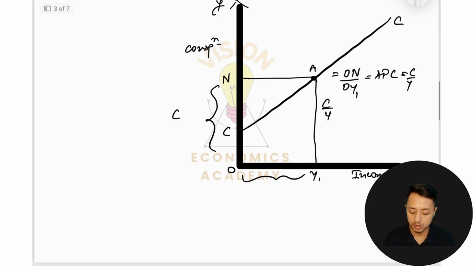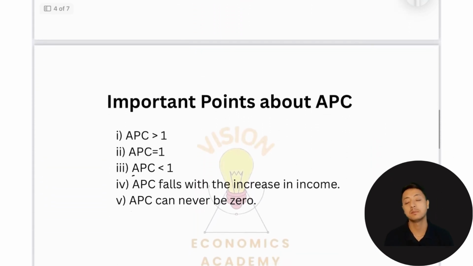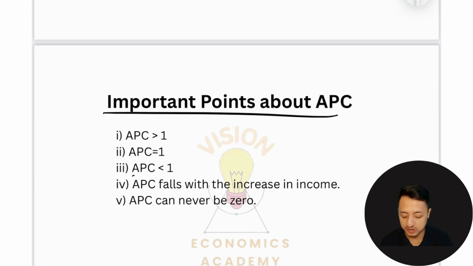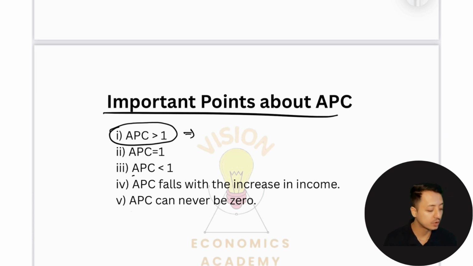Now some important points about APC. APC is greater than 1, okay, so when is APC greater than 1? When your consumption is more than your income. For example, even at zero level of income, there is still consumption, and until it reaches the break-even point, your APC will be greater than 1.